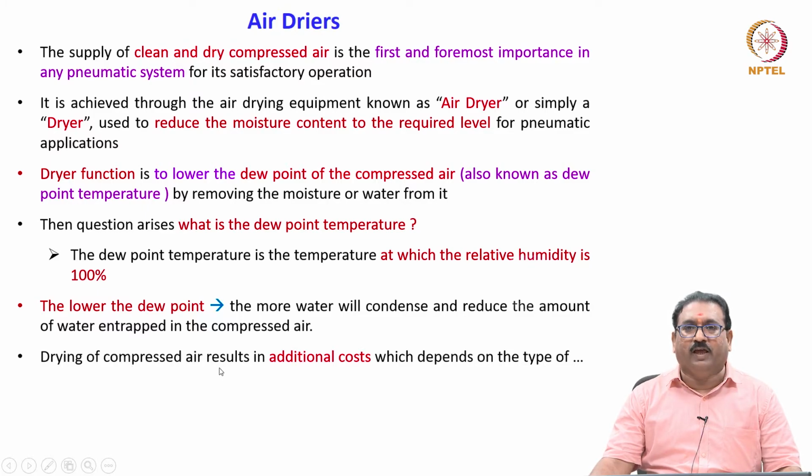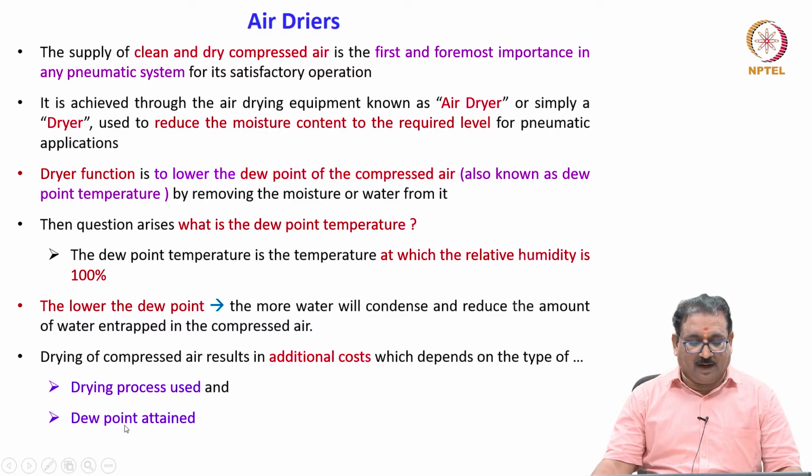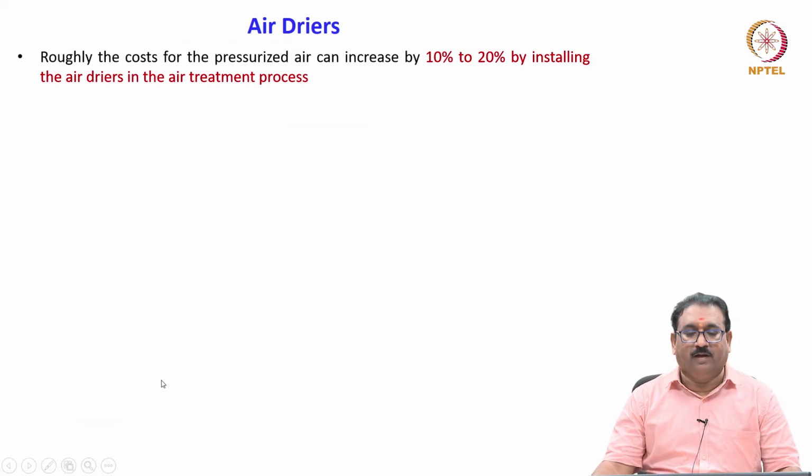Drying of compressed air results in additional cost, which depends on the type of drying process used and the dew point attained. Roughly, the cost of the pressurized air can increase by 10% to 20% by installing the air dryers in the air treatment.